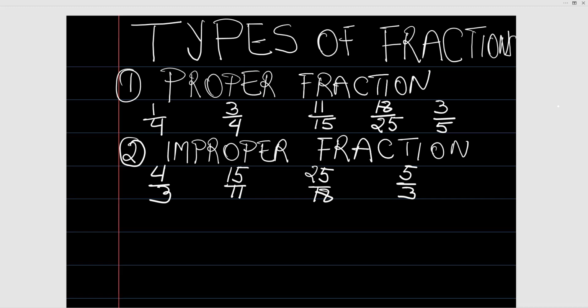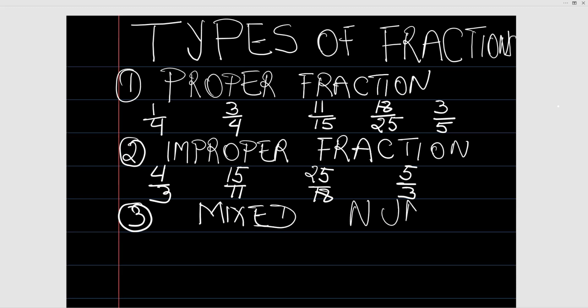Now, the third type of fraction is what we call a mixed number. So what is a mixed number?